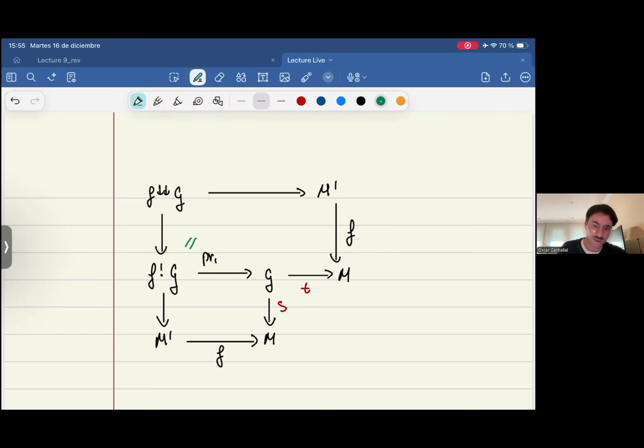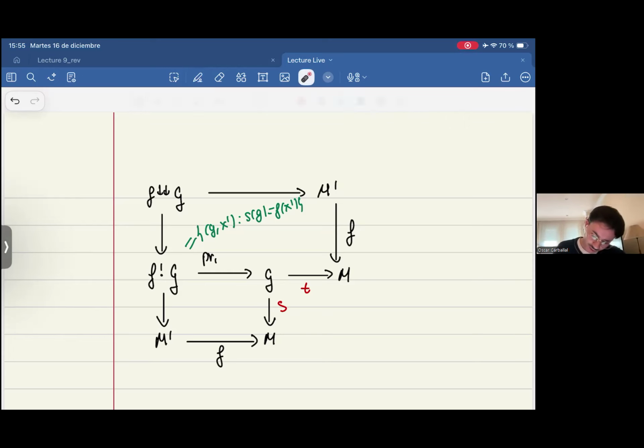Okay, so first of all, let me recall that this thing here, which in Mackenzie notation is the pairs (g, x prime) such that the source of g equals F of x prime, and this diagram here is always a good pullback. Why?